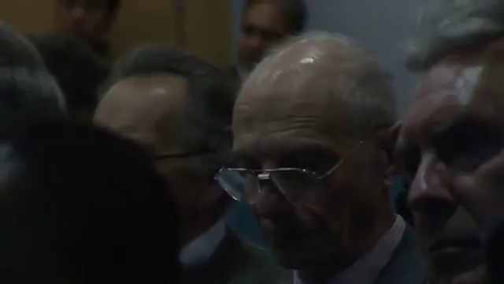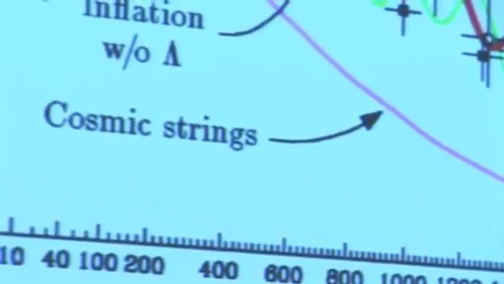Another competing theory, that for maybe a decade or so was viewed as a competitor to inflation for the generation of these density fluctuations, involves the creation of cosmic strings in the early universe, which would form at a phase transition, and the randomness of that phase transition would produce density fluctuations. That produces this purple curve, which again looks absolutely nothing like the data.